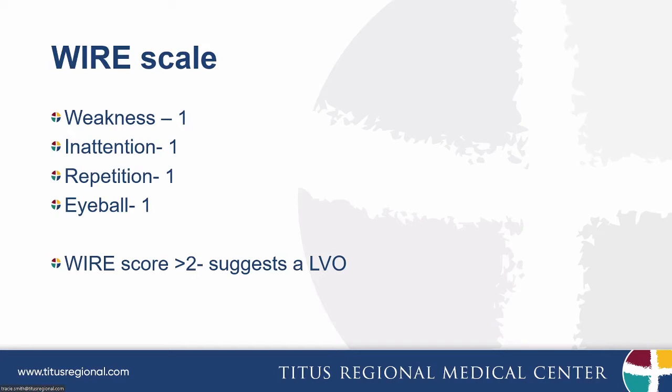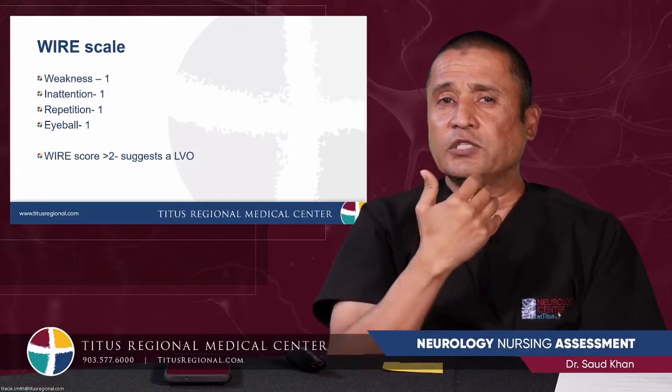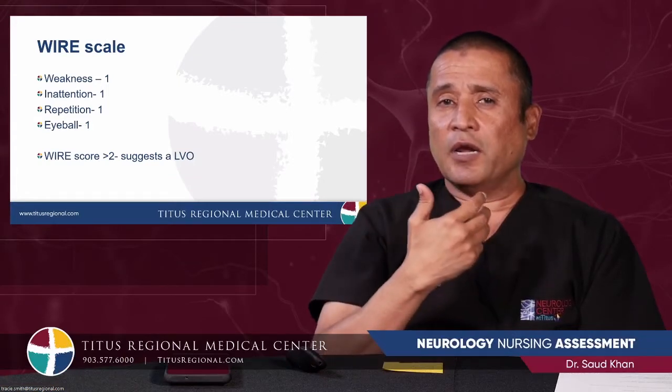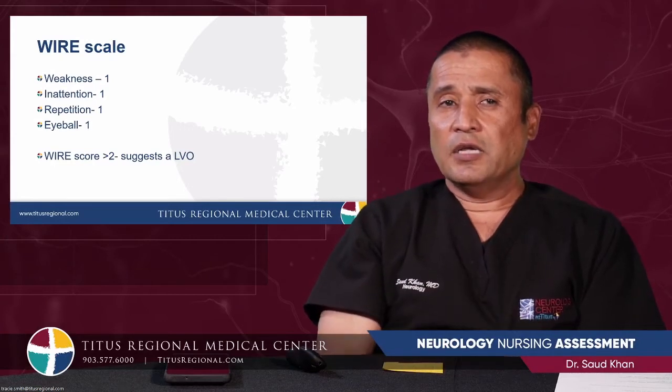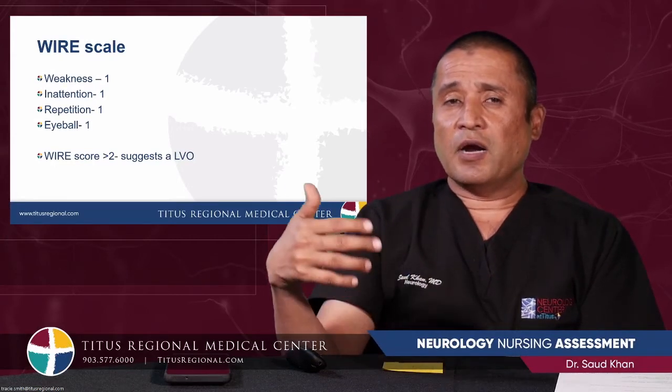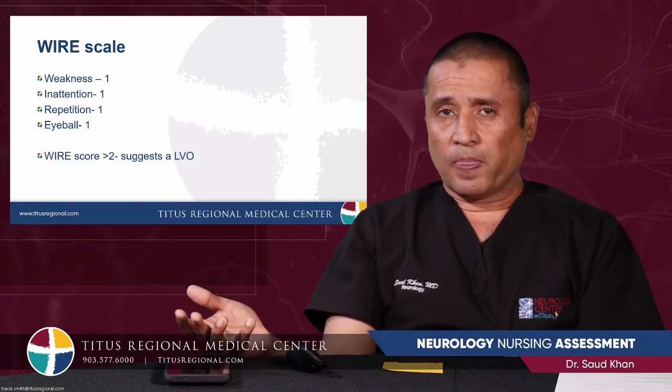So what is the significance of weakness? Weakness usually starts from the cortex, the motor cortex. It forms the fibers, corona radiata fibers, goes to the internal capsule, and then ultimately in the brainstem and in the medulla it decussates and goes to the other side and controls the muscles of the upper extremity and lower extremity.